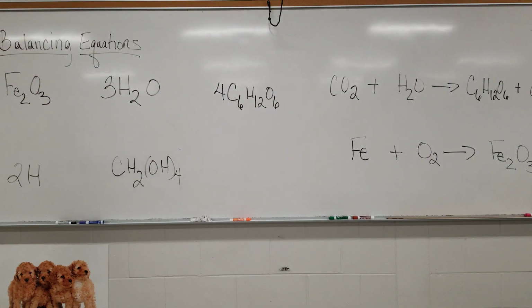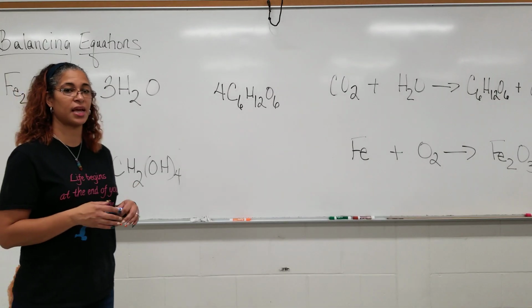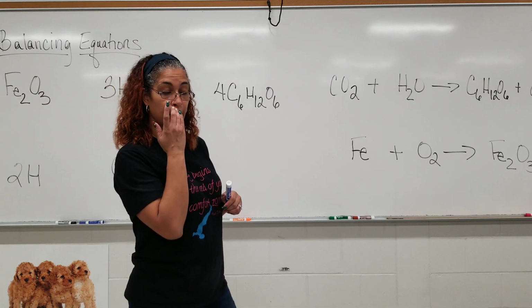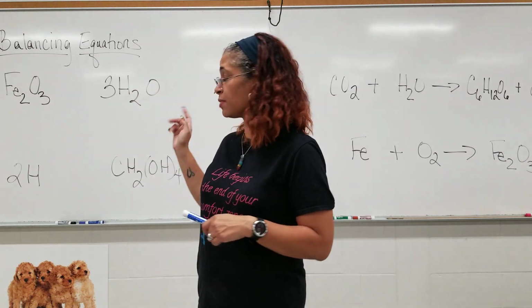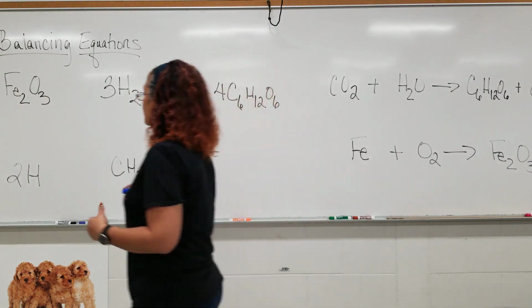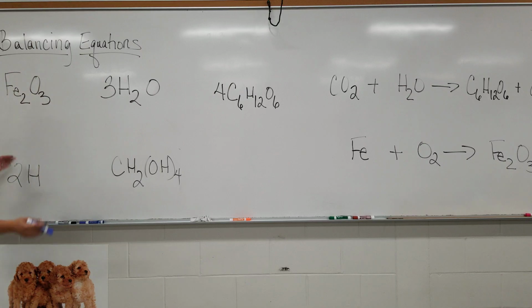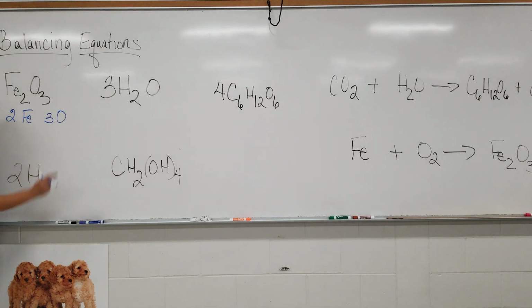So first, before we even get to balancing equations, we have to make sure that you understand how coefficients and how subscripts work. So for example, we're going to start with something easy, and this is iron oxide. You'll see here it says Fe2O3. So what that means is we have 2 irons and 3 oxygens.